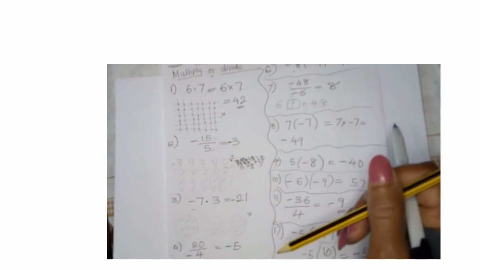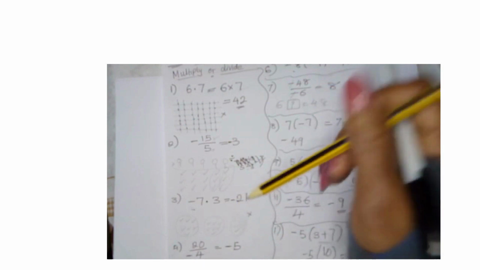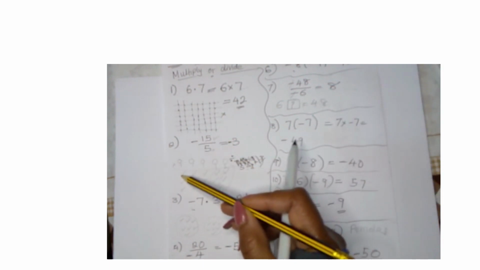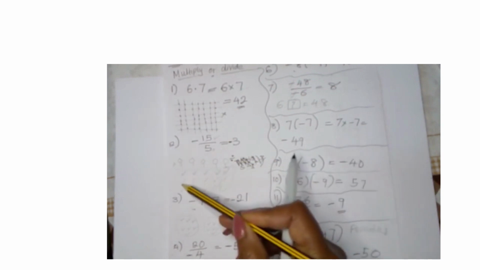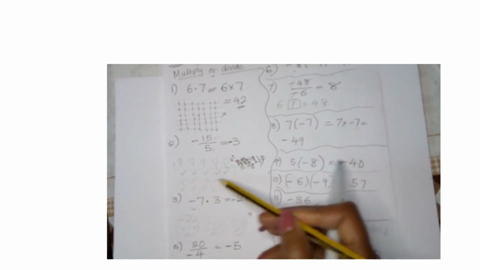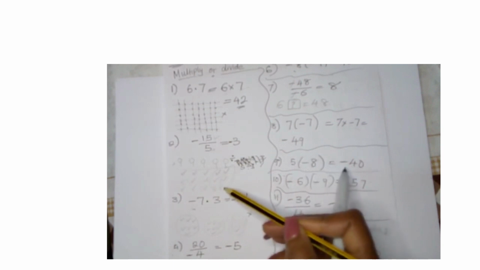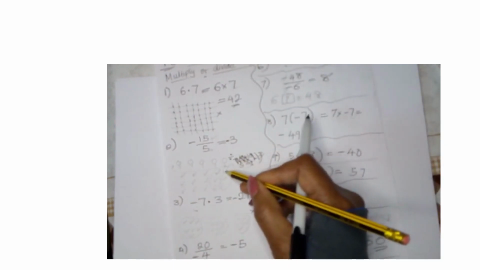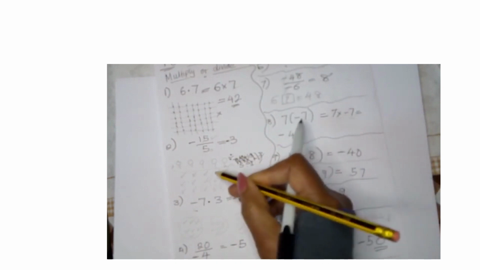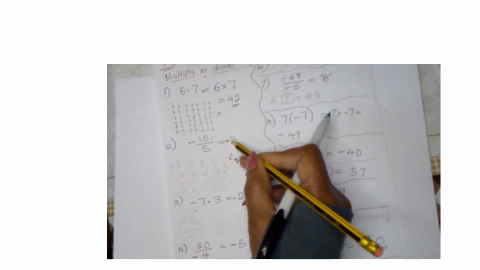How many will each person get? I started with 1, 2, 3, up to 15. So the total is 15. How many did each person get? Each person gets 3. So that's how I got my answer 3. But please don't forget the negative sign.